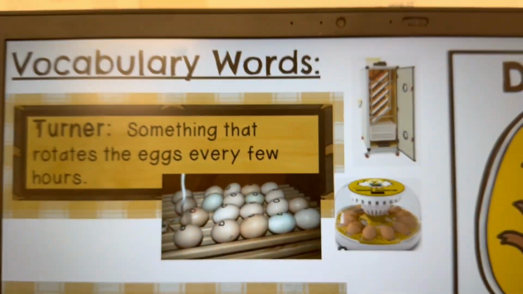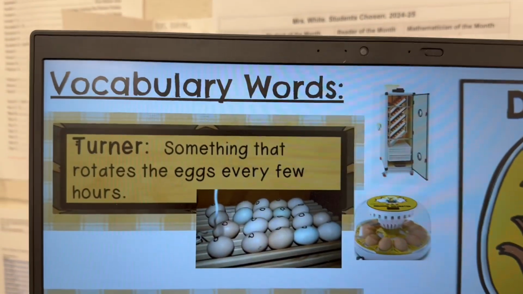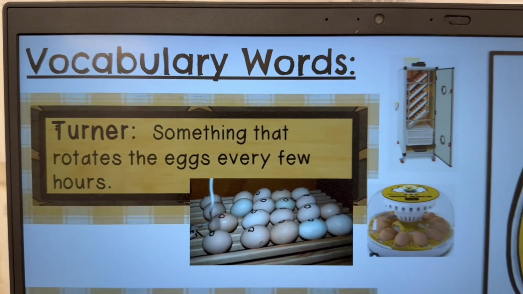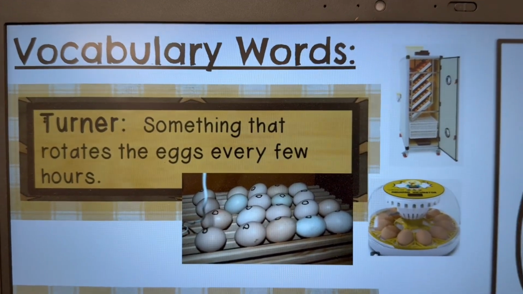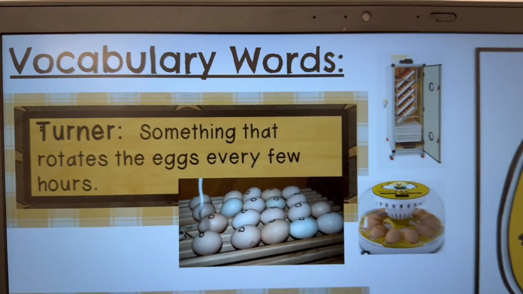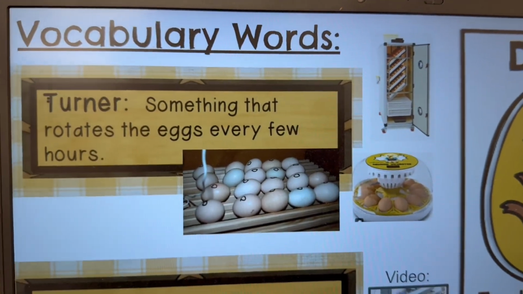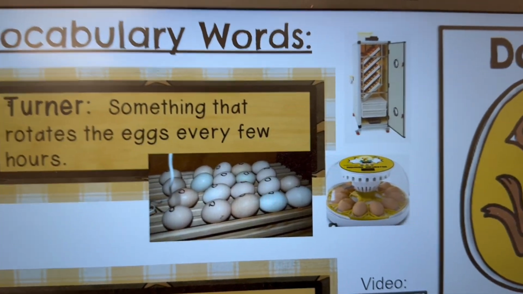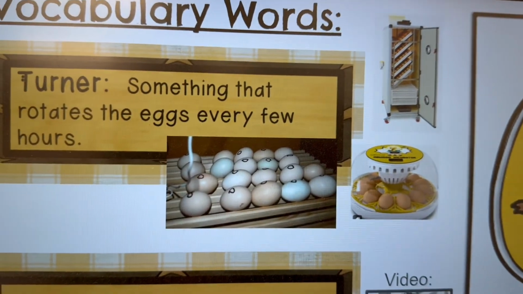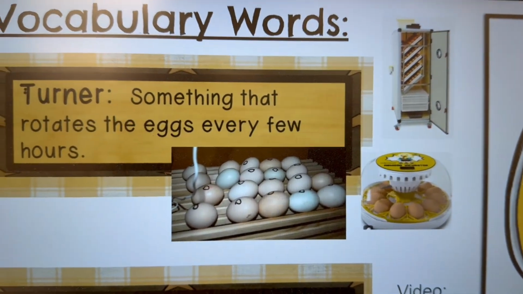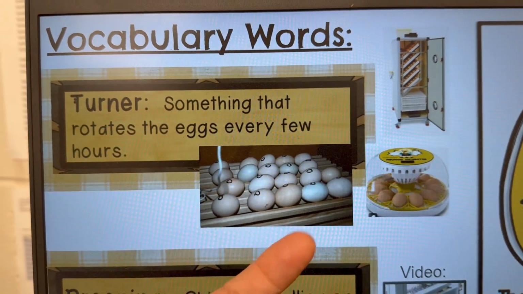It's pretty awesome. We've talked about this a good bit, about how these birds with such tiny little brains already know exactly what to do. So it's very important. Why is it important? Do you remember why the egg cannot just sit on one side or the other for 21 days and just be left there? Why is that important? Because the chicken will start to stick to one side.